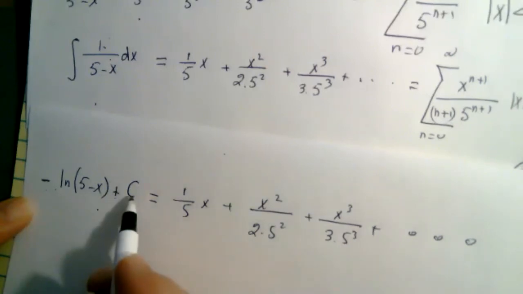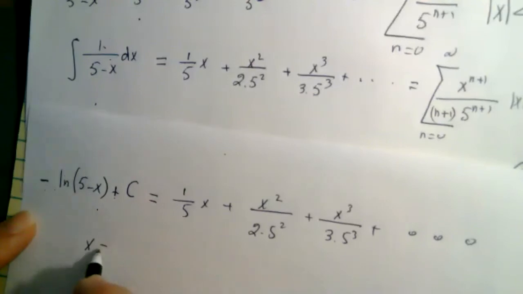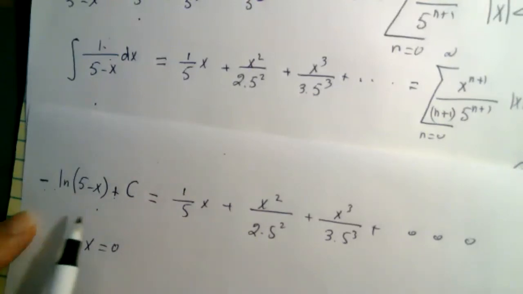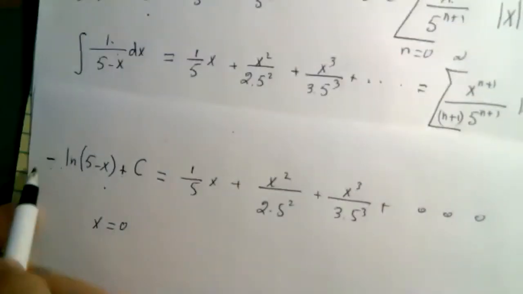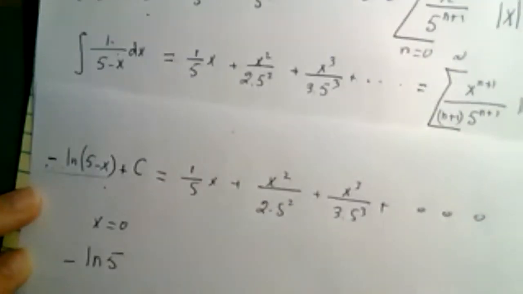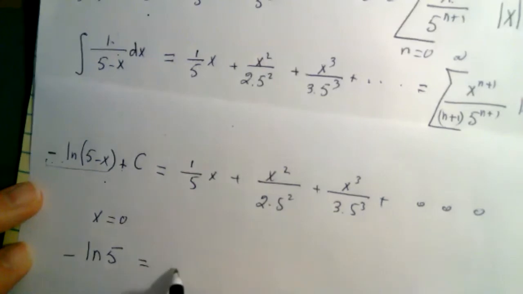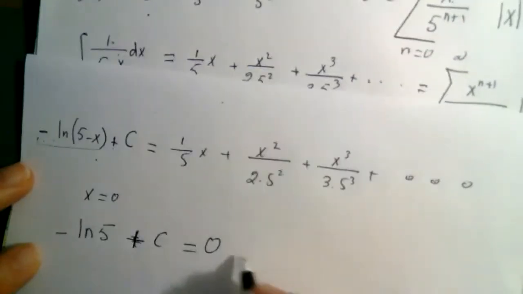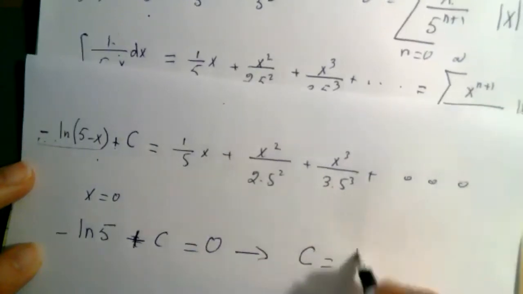Now to find the constant, I'm going to put x equal to 0 in both. If I put x equal to 0, I get minus ln of 5 plus c equal to 0. So this gives me c equal to ln of 5.